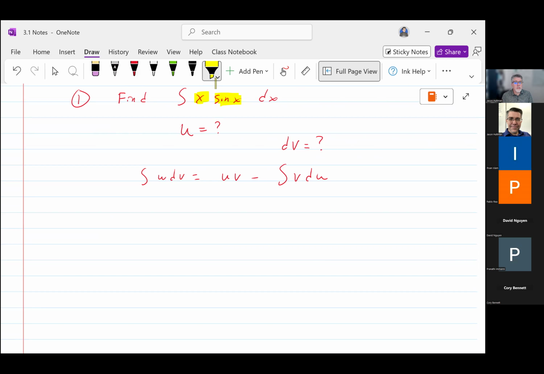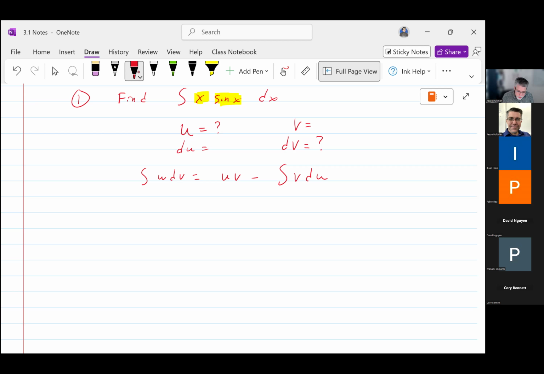Okay, so we need to know what's going to be the best one to take the derivative of when I get my du, and what's going to be the best to take the integral of, or the antiderivative of, in order to get v. You can think of it either way.